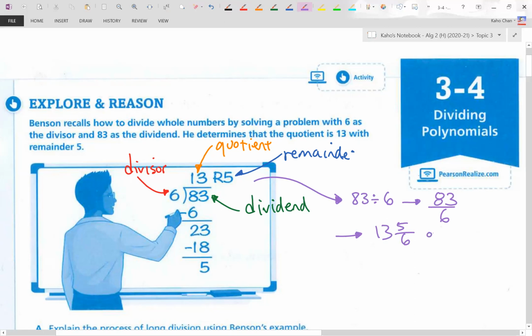Technically, think of it as 13 plus 5/6. Remember, 13 is the quotient now. 5, of course, is the remainder.